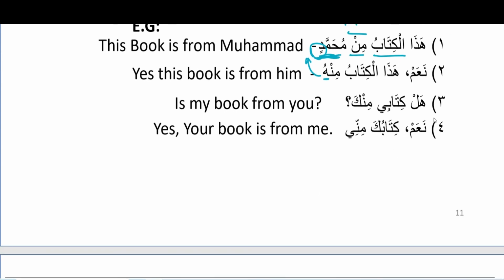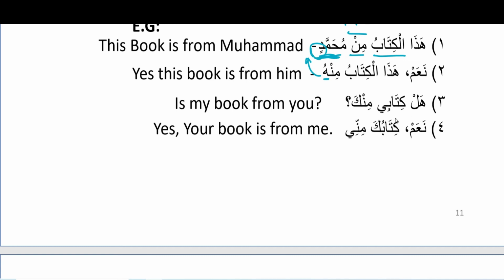Then we have the third sentence here: hal kitabi minka. Because there's translation, I think you can translate easily. But imagine if there's no translation, you have to crack your head, right? What does this mean? Kitabi means my book.